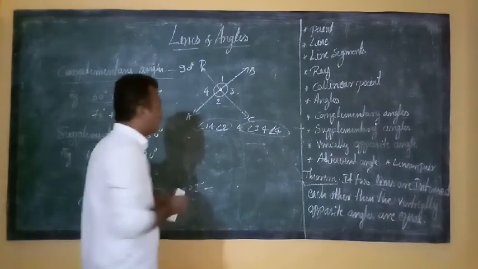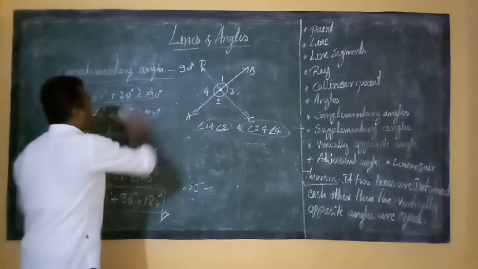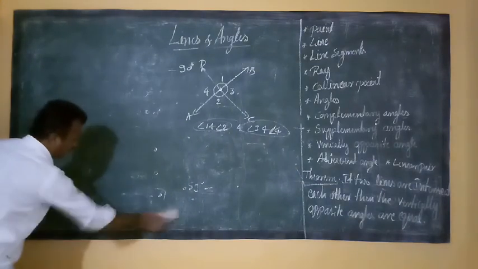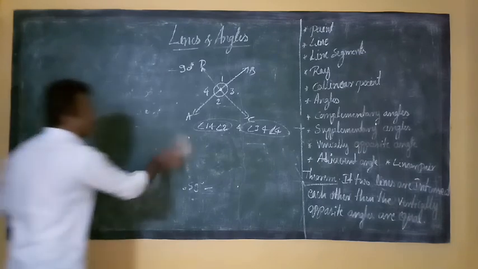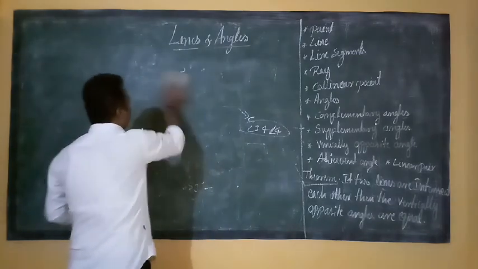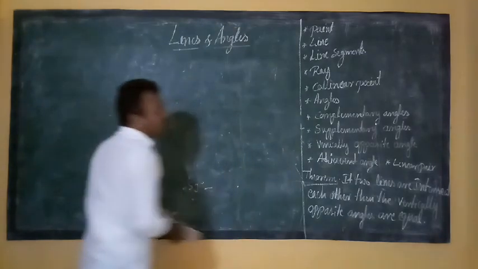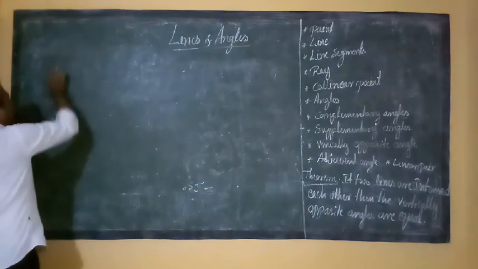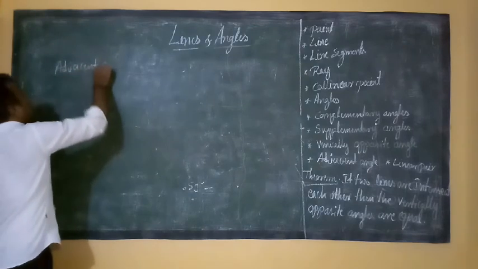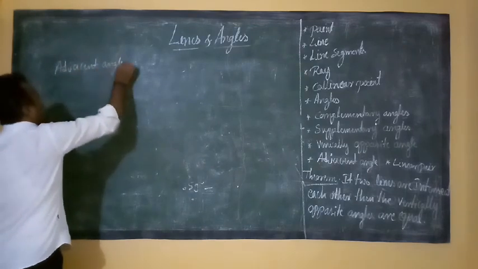So next, adjacent angles. What do you mean by adjacent angles, friends? Adjacent angles means a pair of angles that has a common vertex and a common arm. I will take one example.